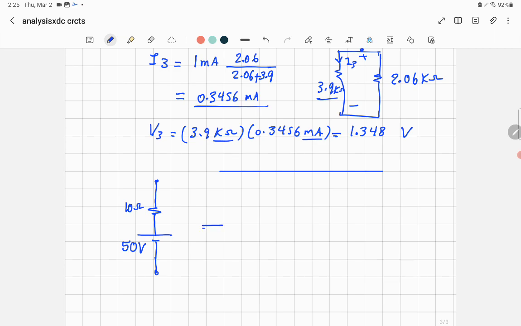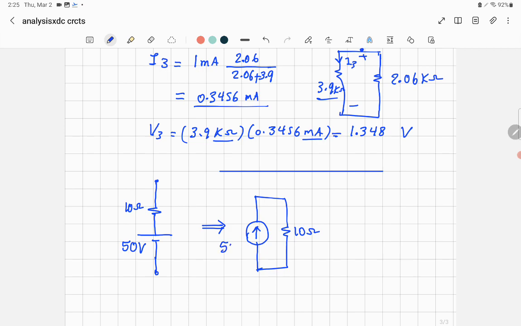To convert this to a current source, you convert it to a current source in parallel with the resistance. That's how you do that. So a voltage source connected in series with a resistor can be converted to a current source in parallel with the resistor. The resistance is the same value, 10 ohm, as we have in this example. What about the value of the current source?